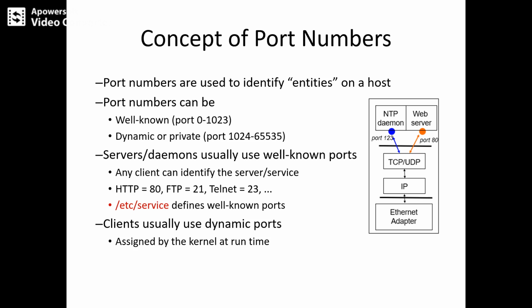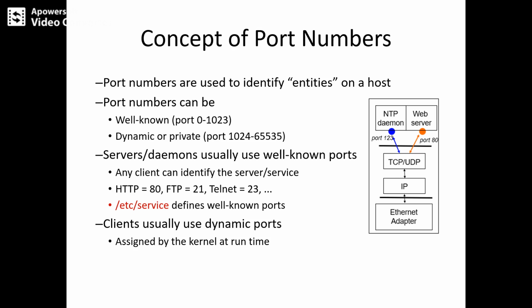Port numbers can be well-known, from 0 to 1023, and dynamic or private port numbers start from 1024 to 65535. Up to 1023 is reserved, well known already. The rest we can assign to any type of experiment.